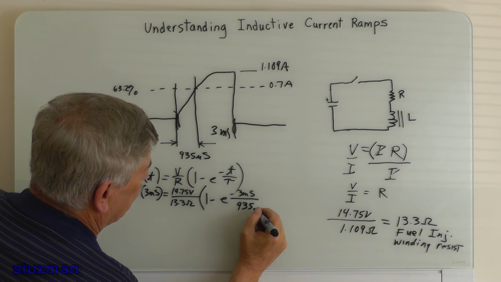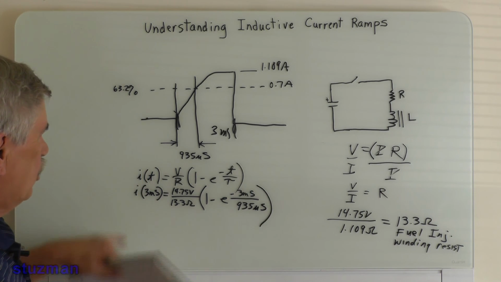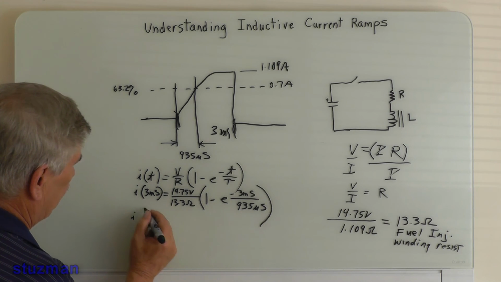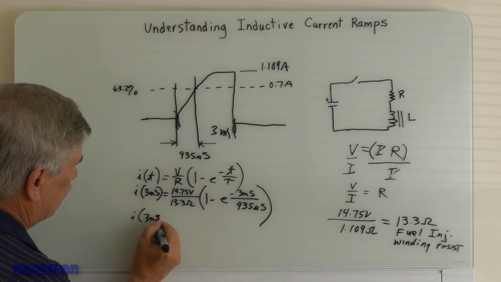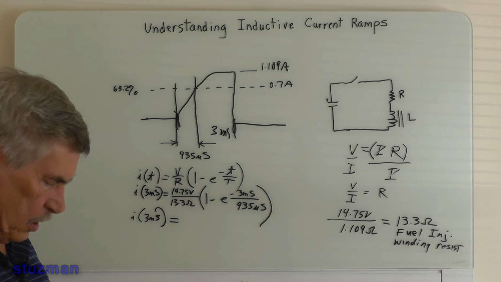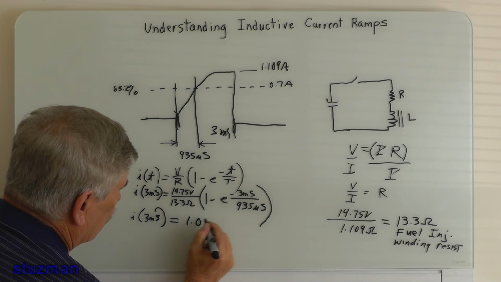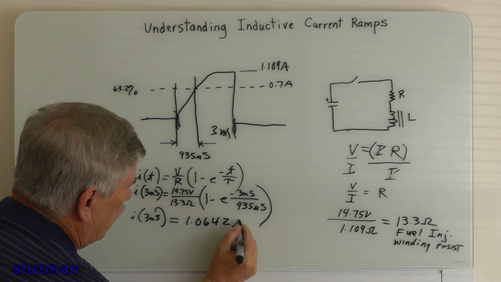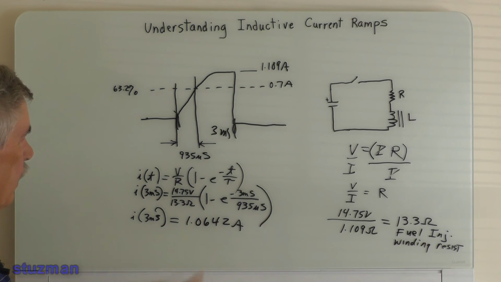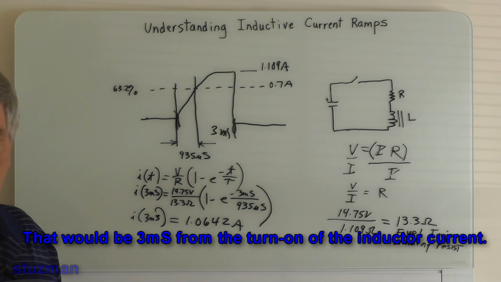Yeah, we measured that. Microseconds, I'm sorry. Now, if we multiply this out, we will find that at 3 milliseconds our current is equal to 1.0642 amps. Remember, there's our max current, 1.109, and 3 milliseconds later we got 1.0642 amps.